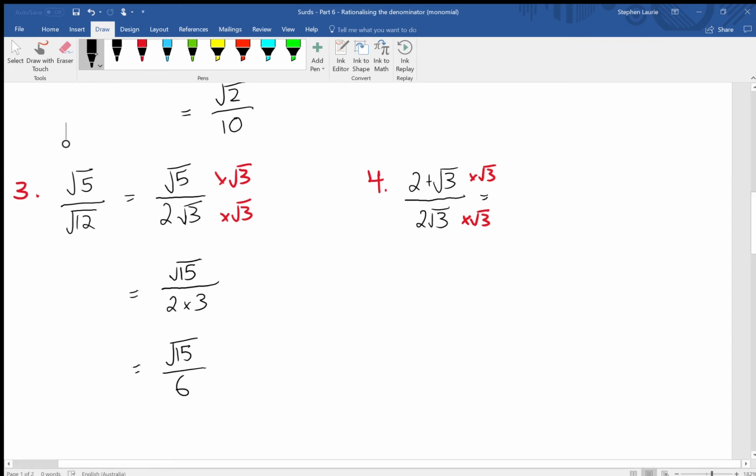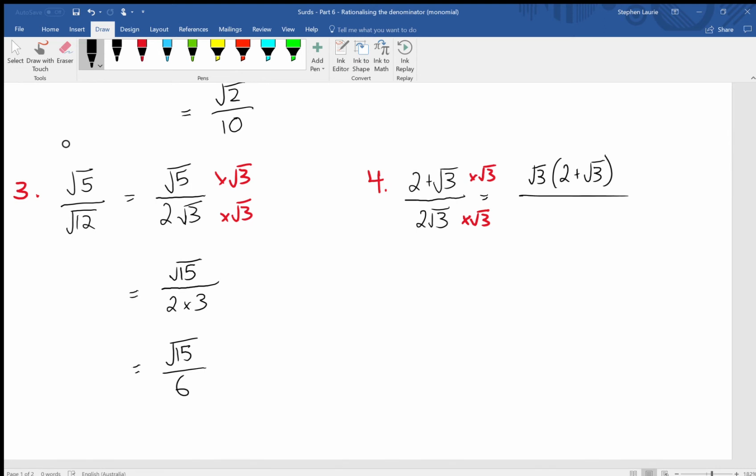Okay, so let's first write it with some brackets. So the square root of 3 multiplied by this whole thing, the whole numerator. And on the bottom, we have 2 times the square root of 3 times the square root of 3 is just 3.